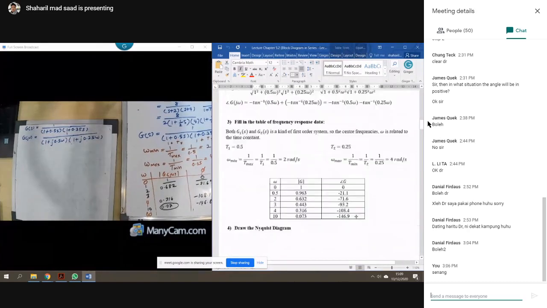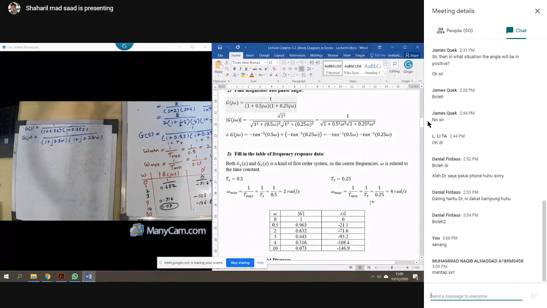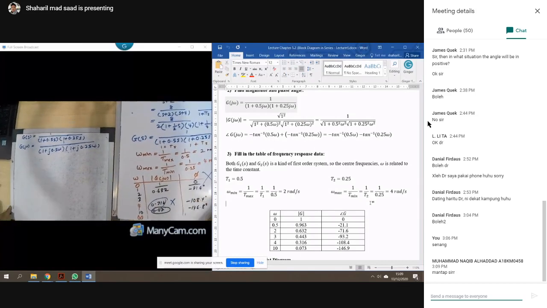Okay, but however, the disadvantage for this method is, if you get the value wrong, that means you will lose the mark on this table, right?